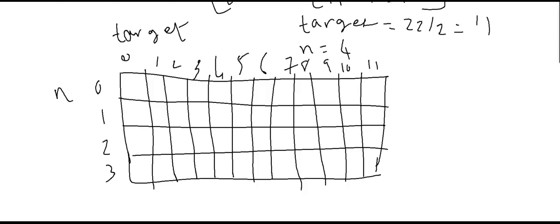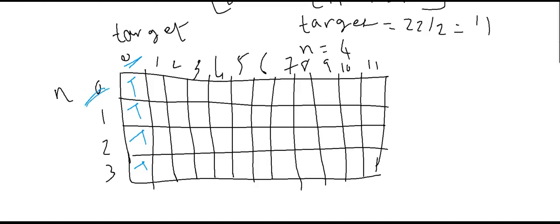Now we're going to fill in the base case. So what are our base cases? Whenever the target is equal to 0, that means we already found a subset, and we're going to return true. So here the target is 0, so true, true, true, true. What was the other base case? Whenever we have index 0, the last element, and if that element is equal to the target.